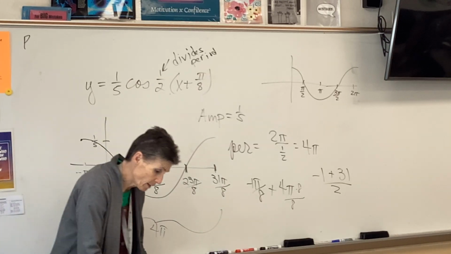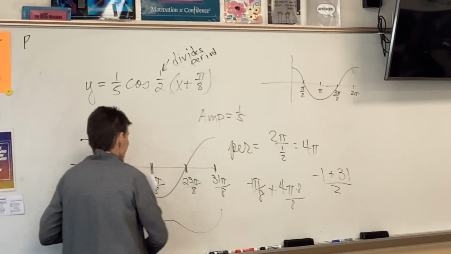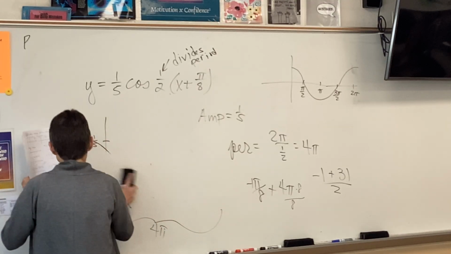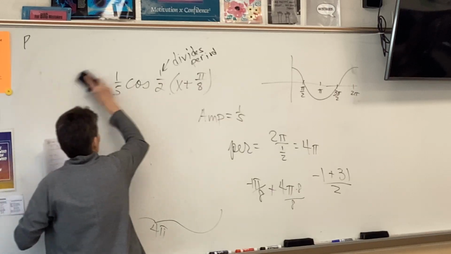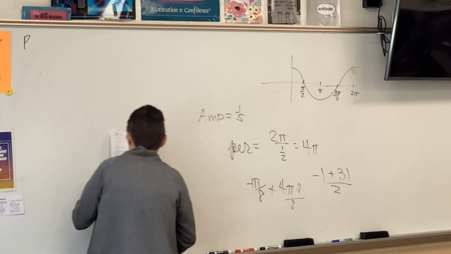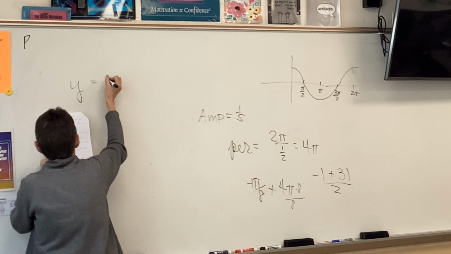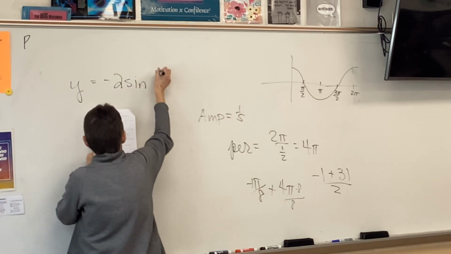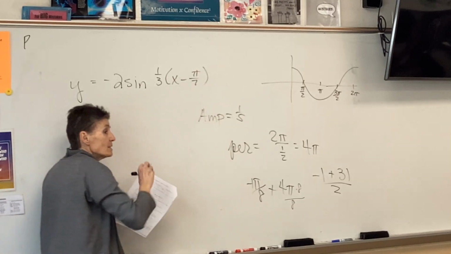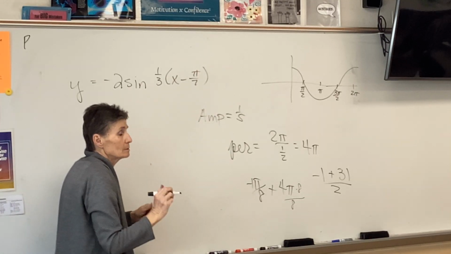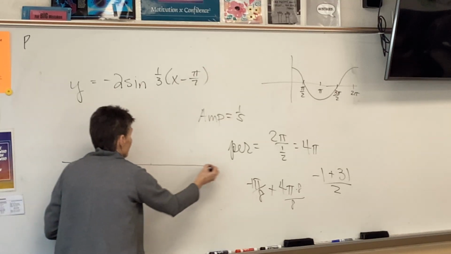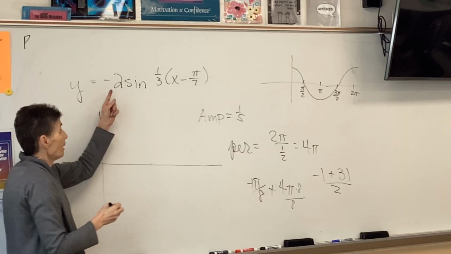All right, let's do one more, and that will be all for today. Let's look at the next one. There's a lot going on here, too. Now, I know that my sine curve is going to be upside down.